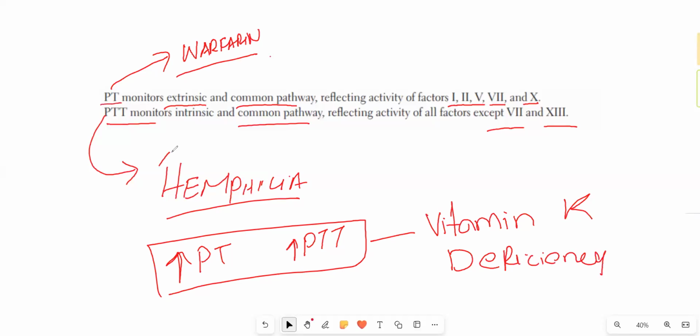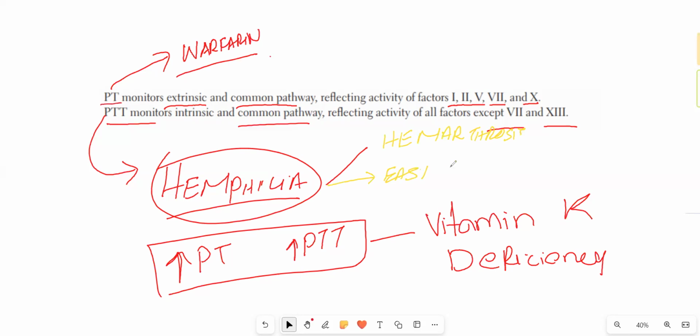Hemophilia presents with hemarthrosis, that is joint bleeding, easy bruising, and bleeding after surgery or trauma, particularly dental surgery.